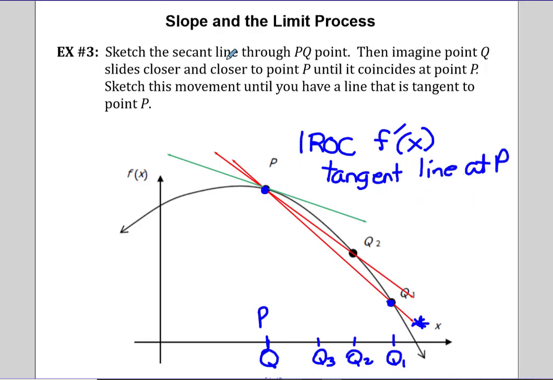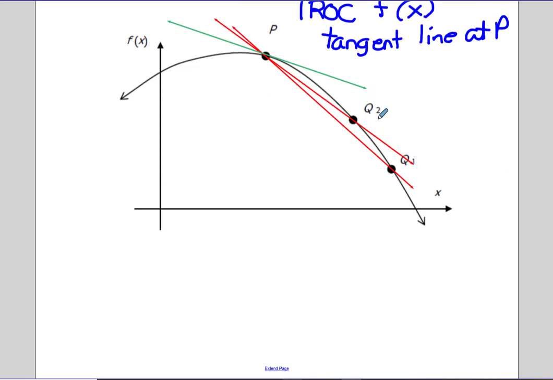Okay, so we have this situation going on. Let me erase some of this. We have this situation here. So I've got this point and this point. So we have x, and we go over to the right. We have x plus a little bit more. I've added that distance, h, to there. So at this point, Q sub 1, my ordered pair has x plus h as the x value.